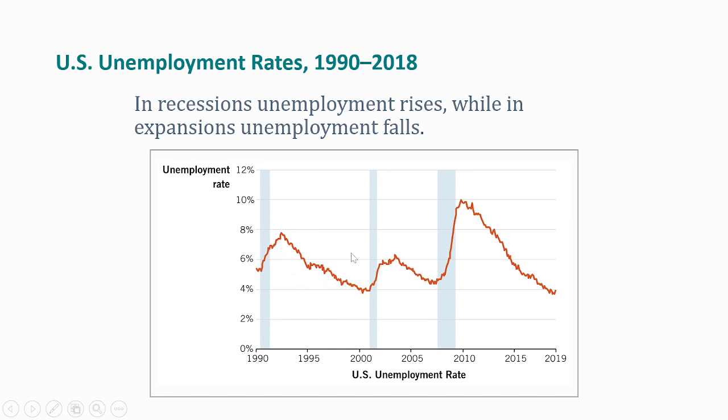In the recession period, the unemployment rate increases. When the economy expands or recovers, the unemployment rate reduces. Unemployment rate and economic growth have a negative relationship. It means that when the economic growth rate is high, the unemployment rate is lower.